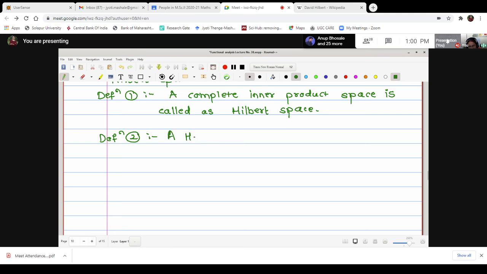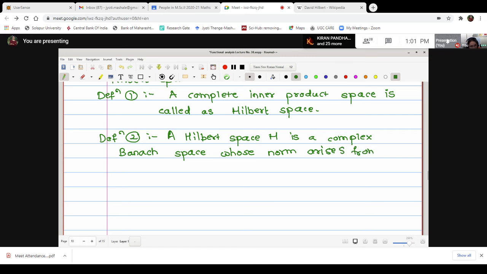A Hilbert space H is a complex Banach space whose norm arises from an inner product, which is a complex function.